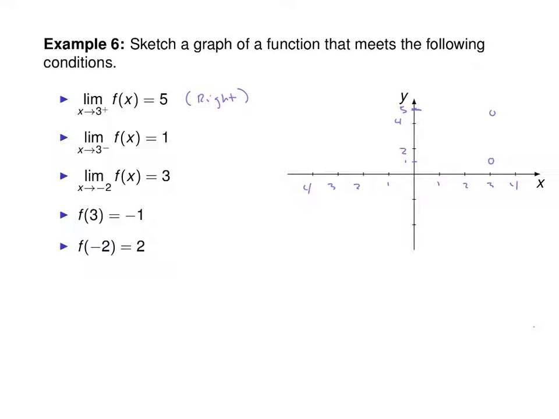The limit as x goes to -2 of f of x is 3. So near -2, we're getting close to 3. Make an open circle and decide what to do. The last 2 things tell us when we plug in 3, what do we actually get? So I have a filled in dot down there.